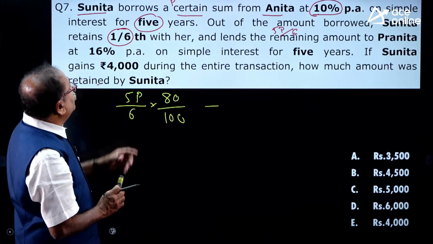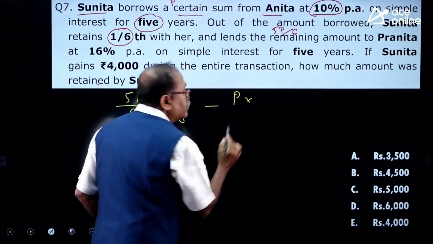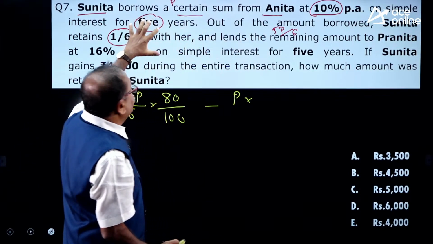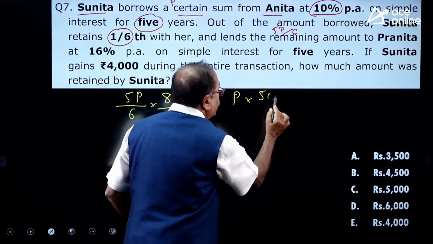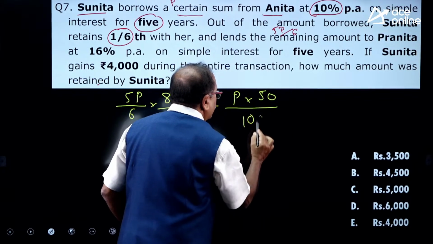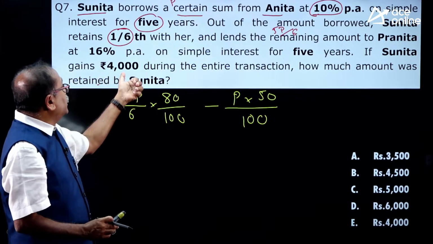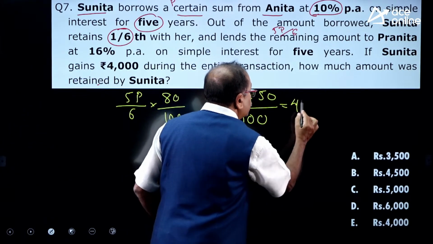The interest paid on P. So that is P into what percentage interest paid? 10% per annum for 5 years, that is 50%. So that is 50 by 100. The interest earned minus interest paid is the income. That's equal to 4,000.